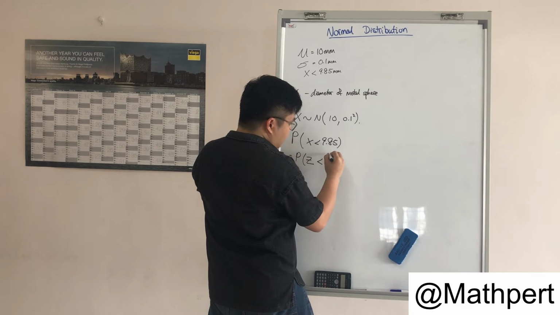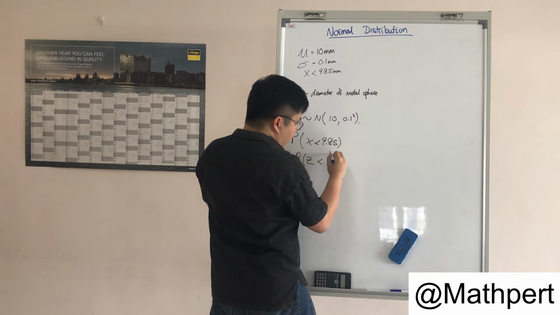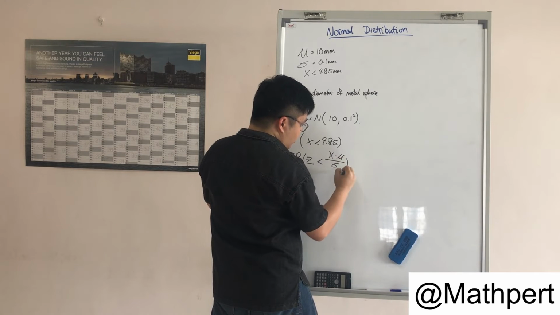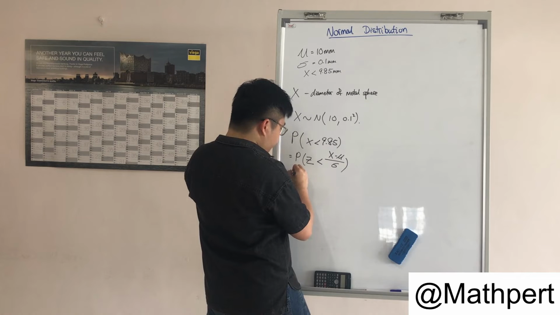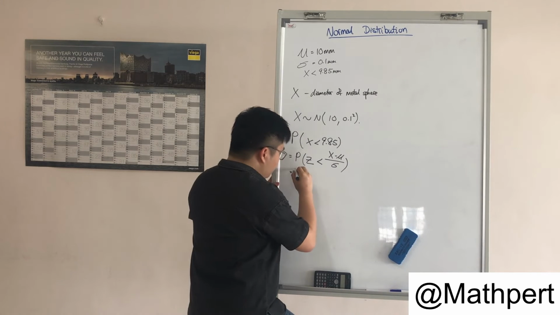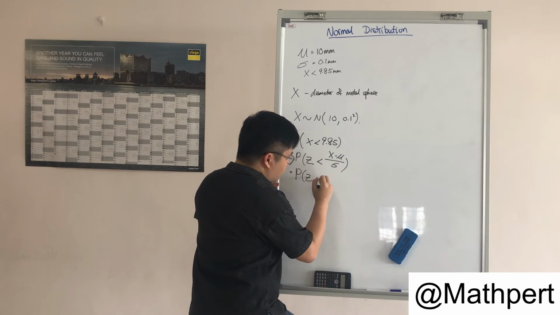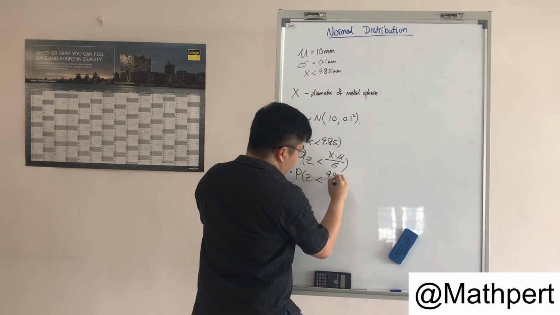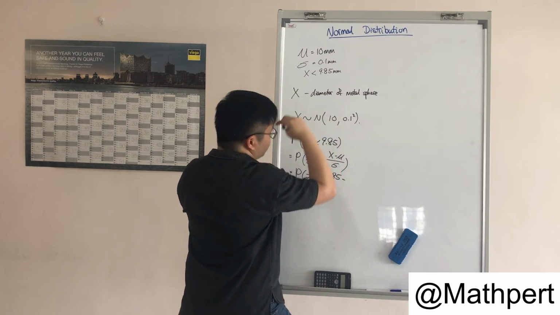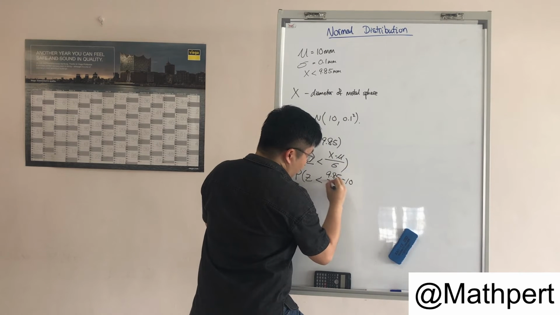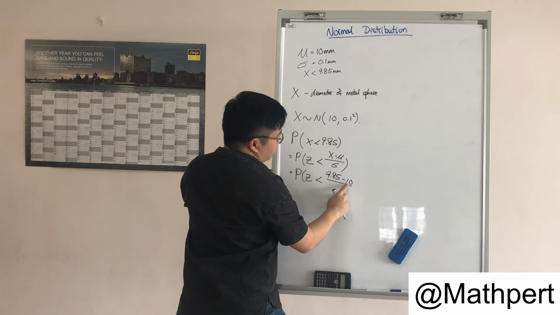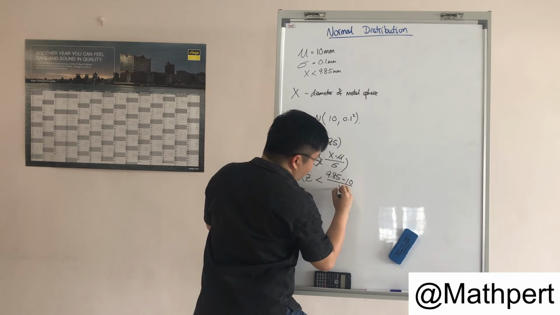This is also equal to P(Z less than (x minus mean) over standard deviation). So we get P(Z less than (9.85 minus 10) over 0.1), where the mean is 10 and the standard deviation is 0.1.